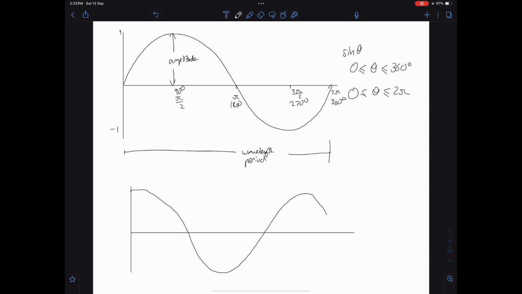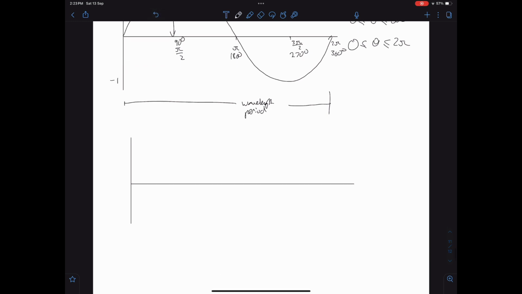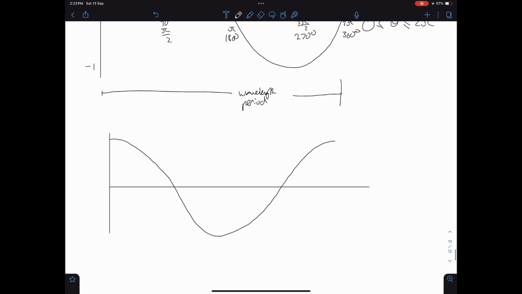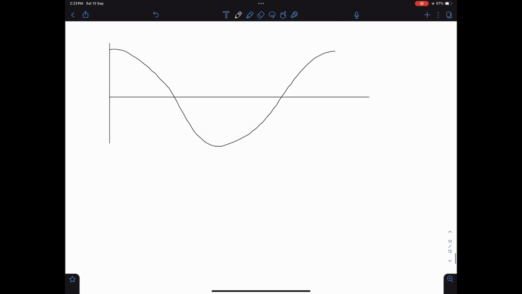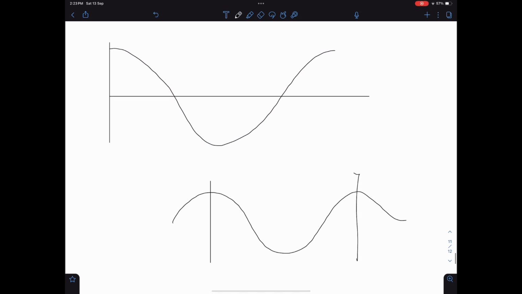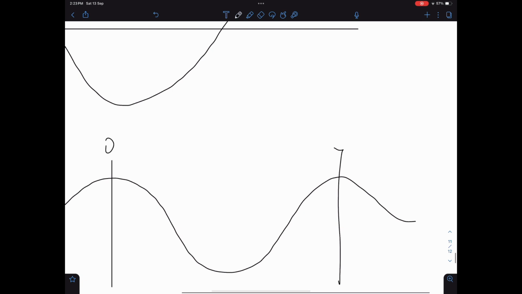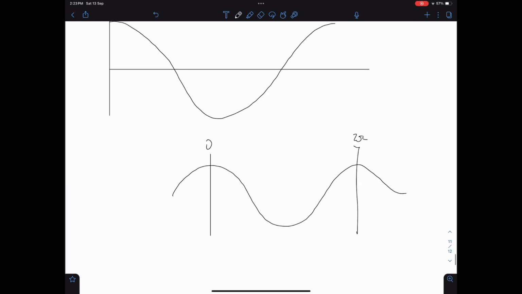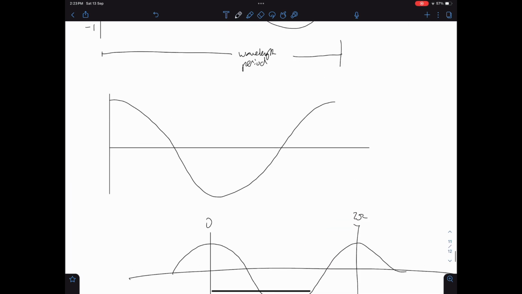Now cosine is the one I'm worst at. Honestly, it's a bit easier to go like this, and then this is 0 and this is 2 pi. That's your cosine, and it's like that.